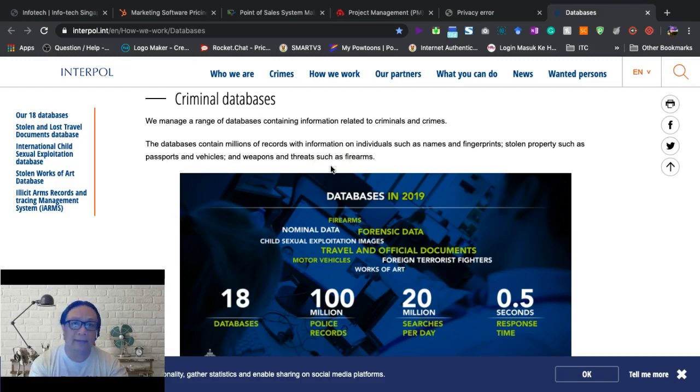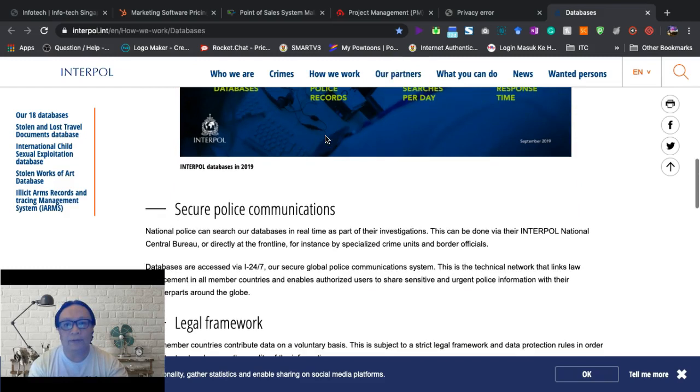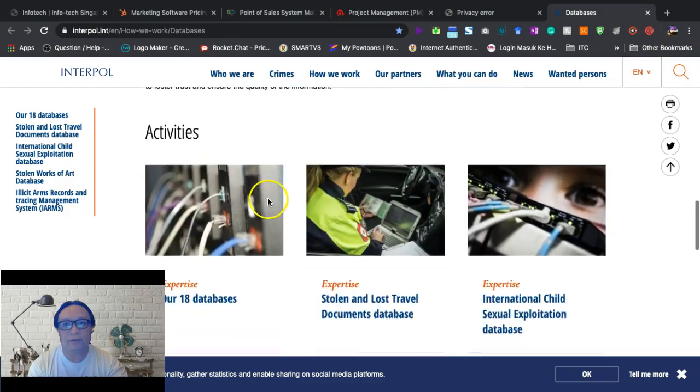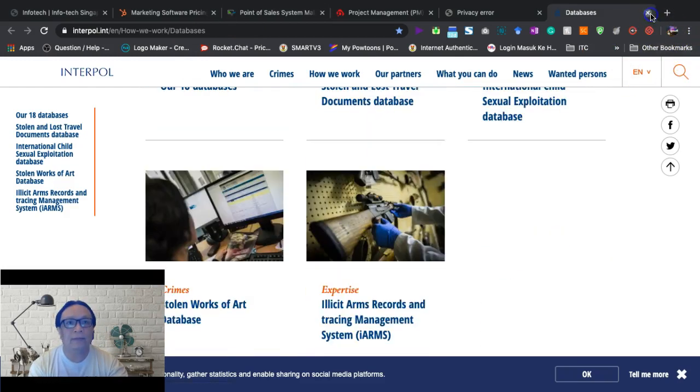Okay, I guess some of your fathers, your friends, or maybe some of you who already work in an organization, have your own system that you use and are familiar with. So all these things require investment in terms of infrastructure or services. Okay, so this is Interpol. You can check later on.